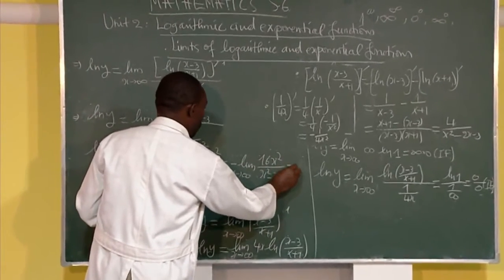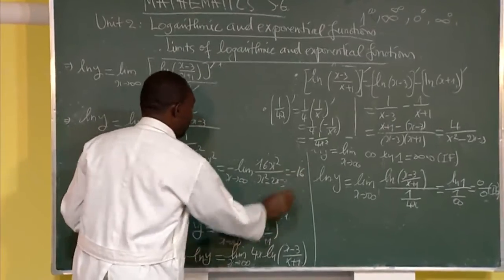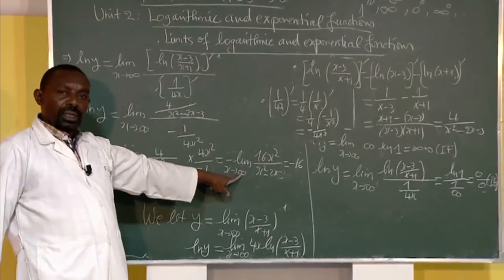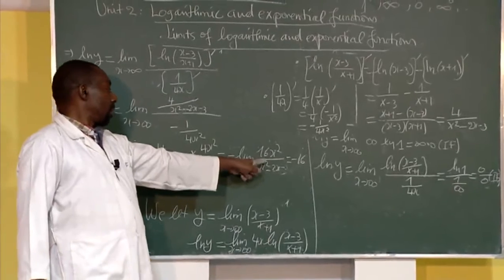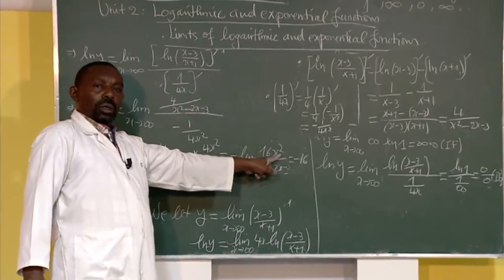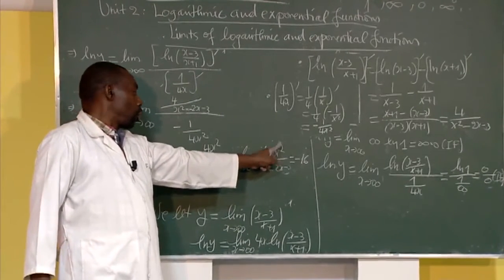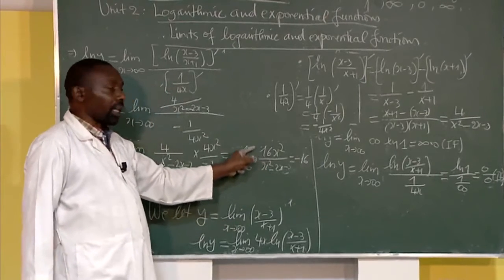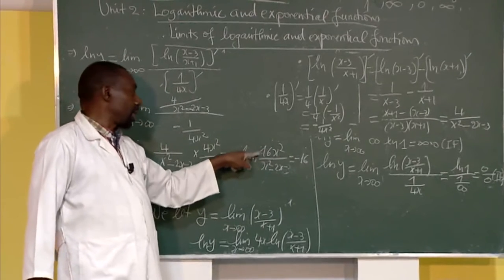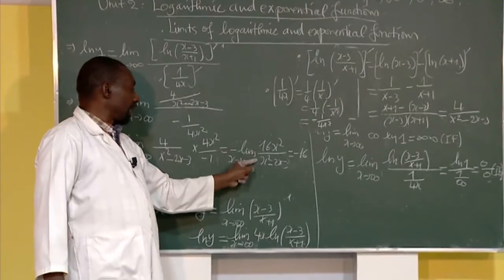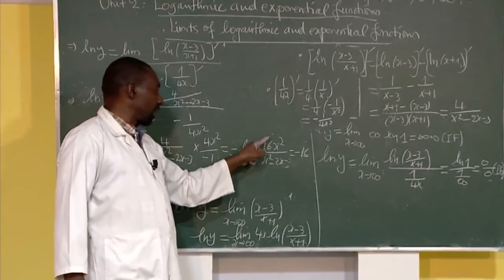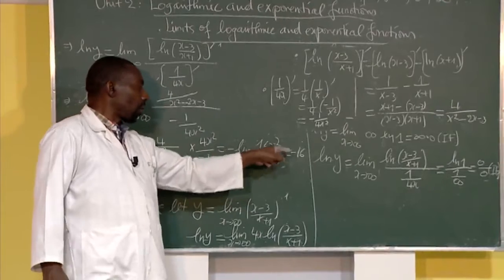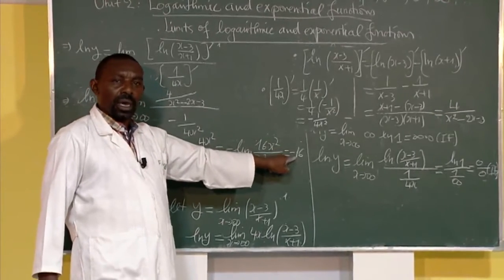This is equal to minus 16 because the limiting value is infinity and the degree of numerator is 2 and degree of the denominator is also 2. We take the ratio of leading coefficients. Here the leading coefficient is 16. The other leading coefficient is 1. Then 16 divided by 1 is 16. With our minus sign, we get minus 16. Are we together?